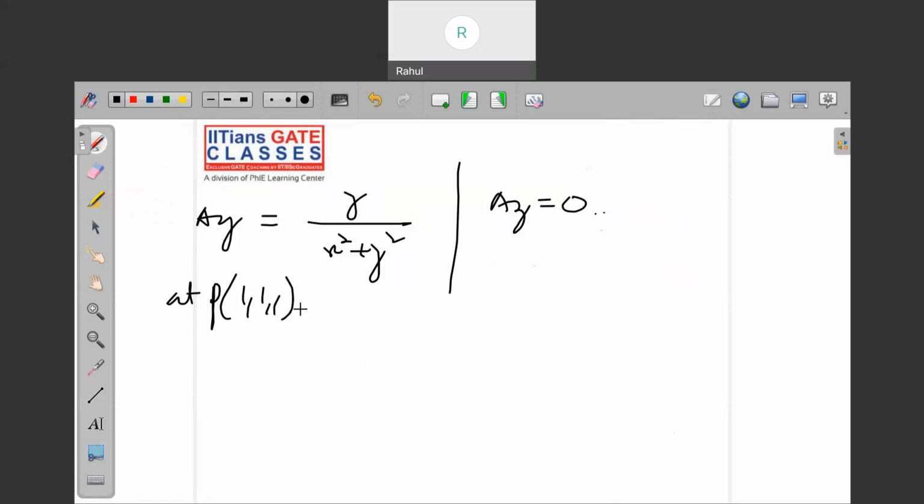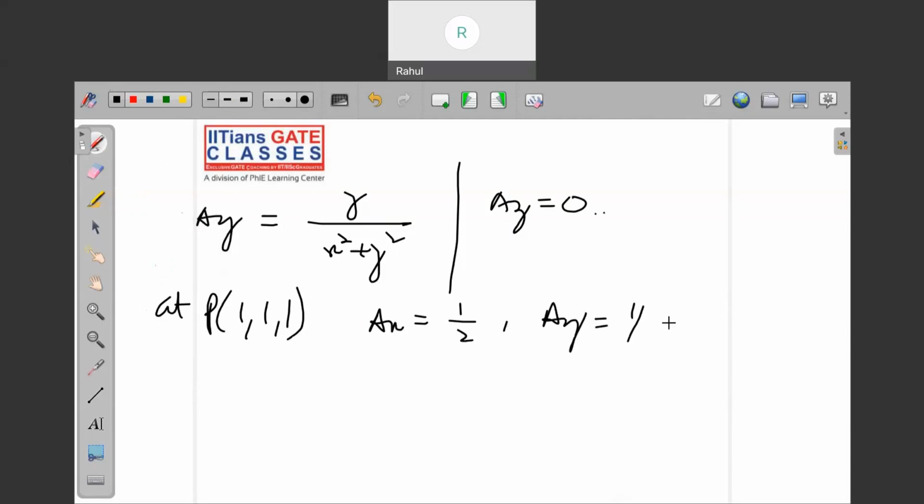So A x component is going to be 1 by 2 and A y will also be 1 by 2, because 1 upon 2, and A z is going to be 0. So your answer for this question will be half, a_x cap plus a_y cap.